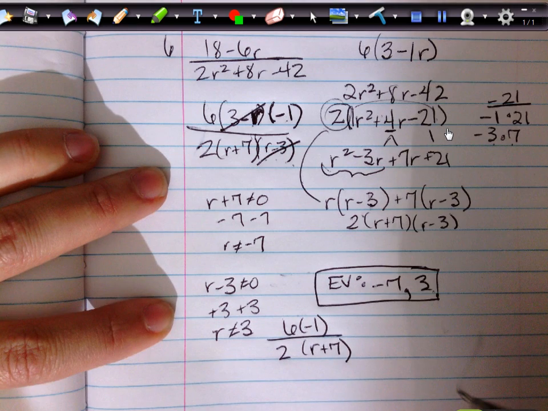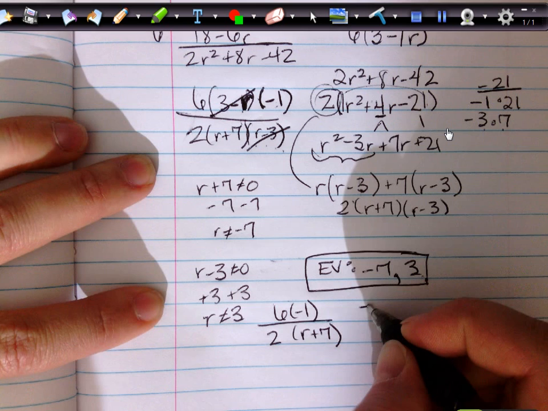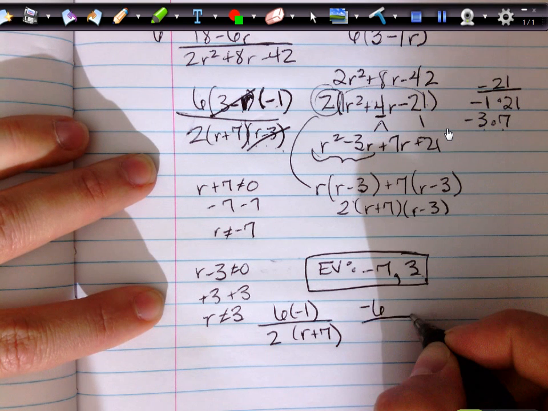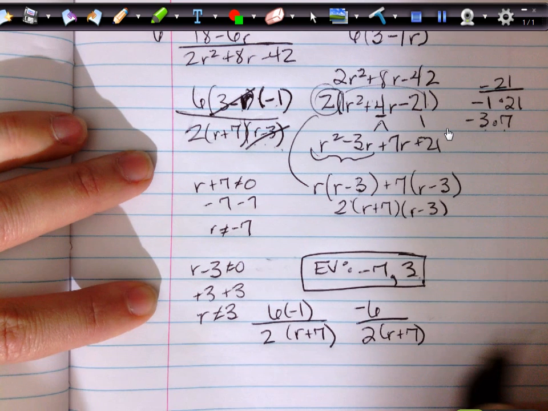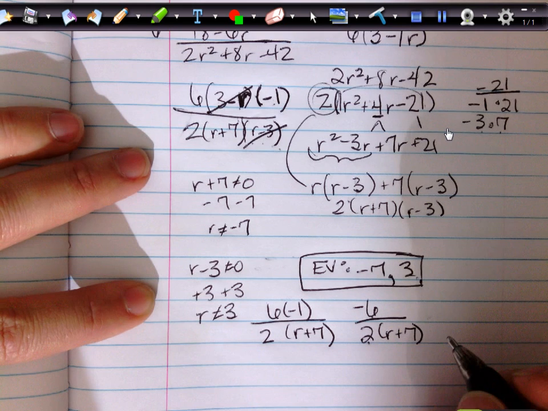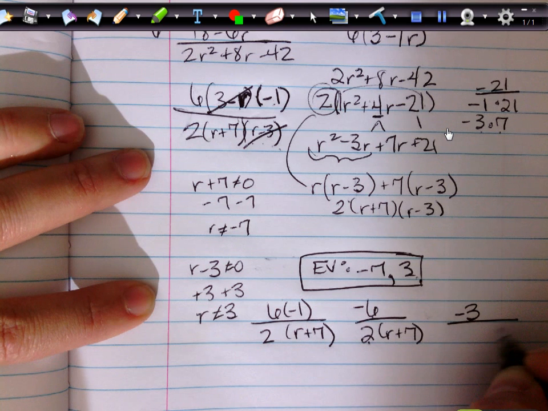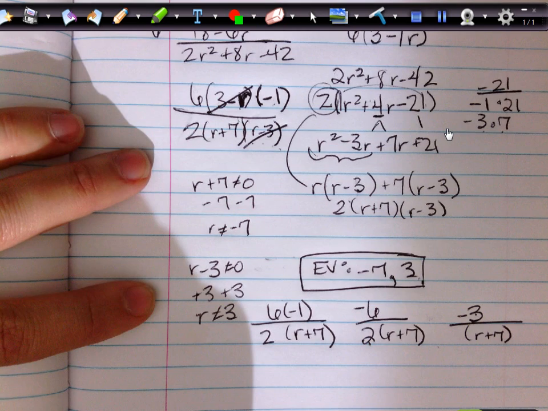So that's going to further simplify as negative 6 over 2 times r plus 7, and then I can simplify my 6 and my 2 by reducing it down to a negative 3. Because it's over 1, I don't have to write the 1. It will just be r plus 7, because negative 6 divided by 2 gives me negative 3.